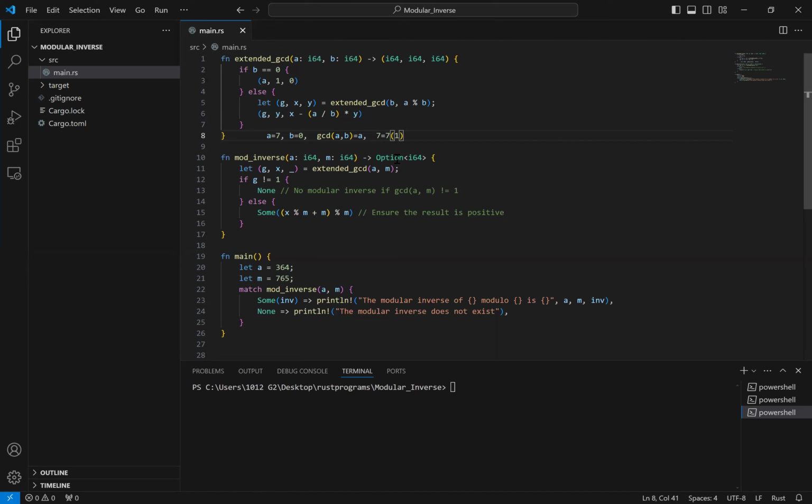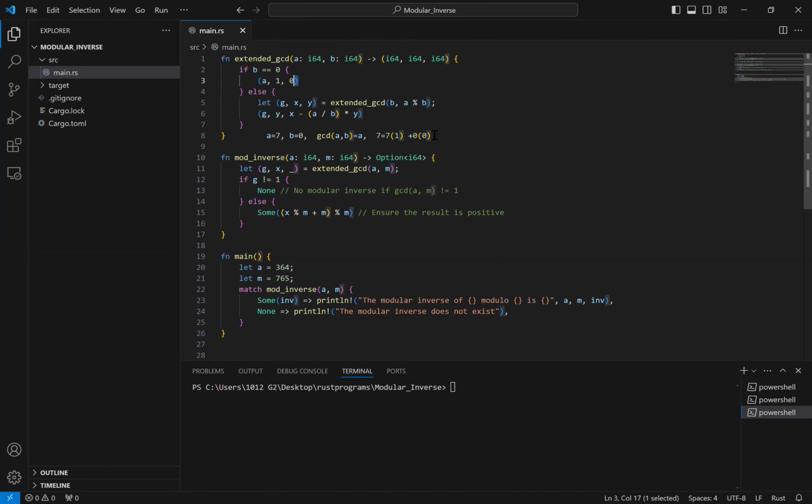And then B was 0, its coefficient will also be 0. So that our GCD has been written in terms of the two numbers A and B, and we've obtained X and Y. So X is 1 and Y is 0. That is what this is telling us.